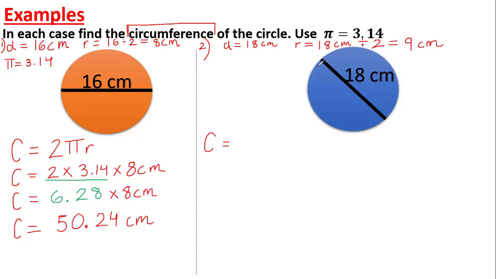So this half would be 9 centimeters, and then the next half is going to be 9 centimeters. So the radius, therefore, is half of the diameter, which is 9 centimeters. And we only use the radius in the circumference formula. We do not use the diameter.